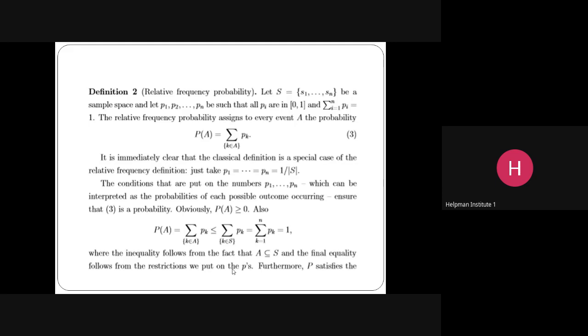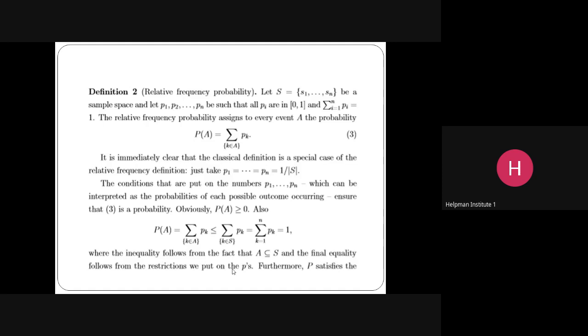So here we see that the probability of A, which is the sum of the probabilities of the individual cases with k belonging to A, is less than or equal to the summation over the total sample space, which is the summation of k ranging from 1 to n of all the individual probabilities, which will give us 1.